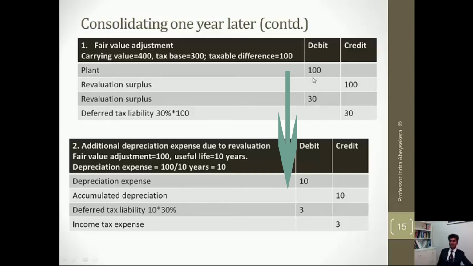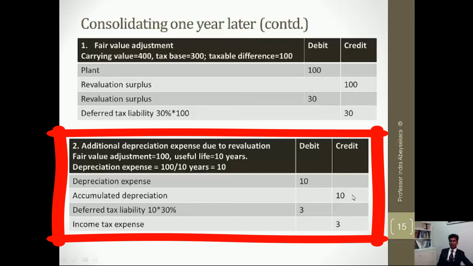The subsidiary has not done it for this excess. The group has to do it. 100 divided by 10 years useful life is 10. Debit depreciation expense 10. Credit accumulated depreciation 10.